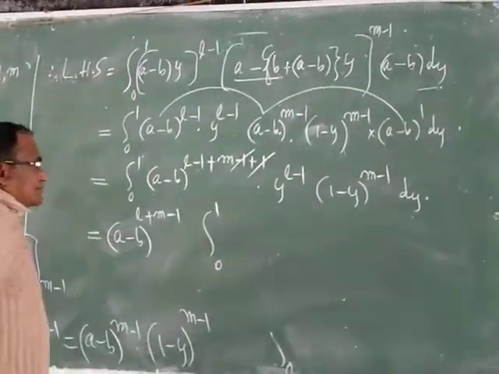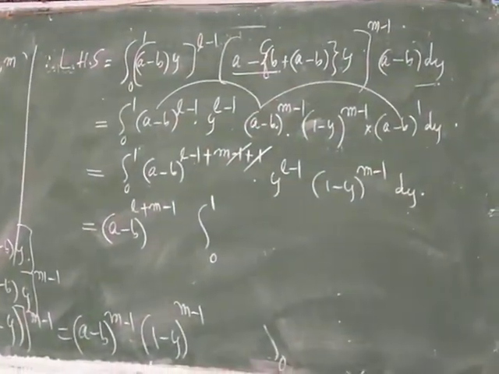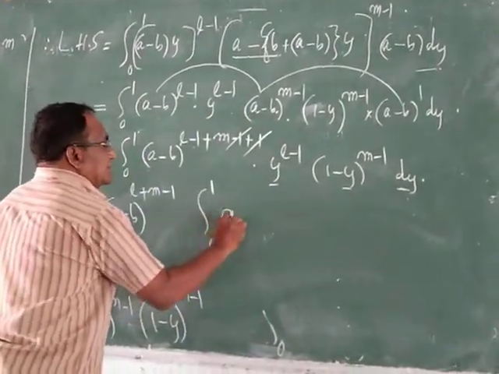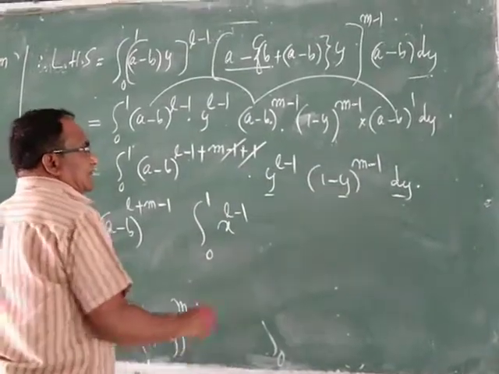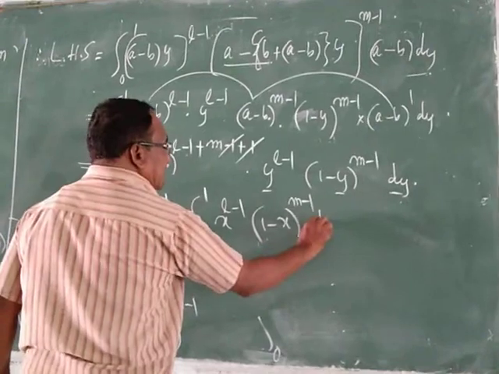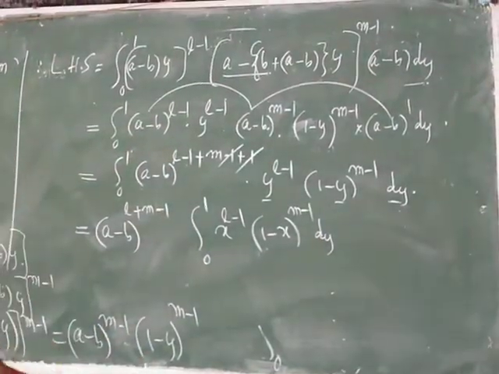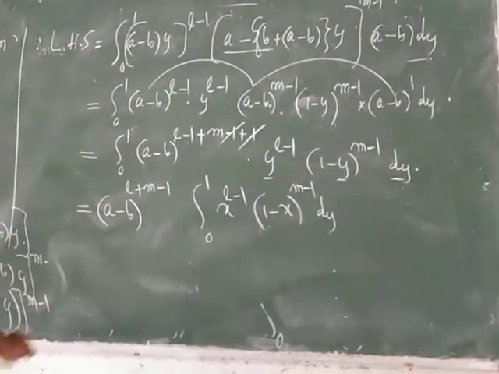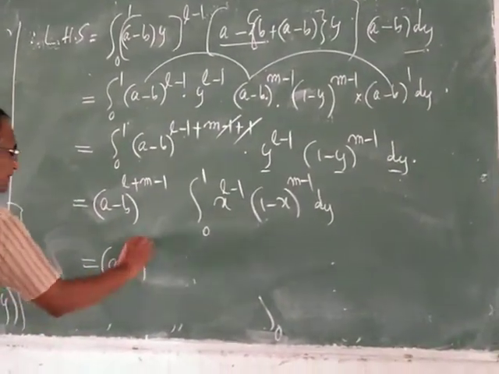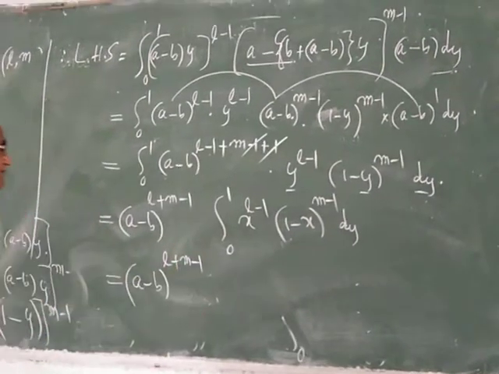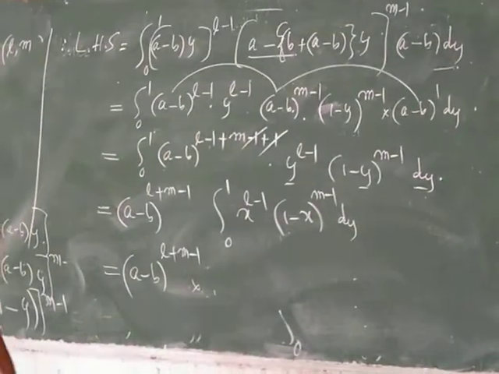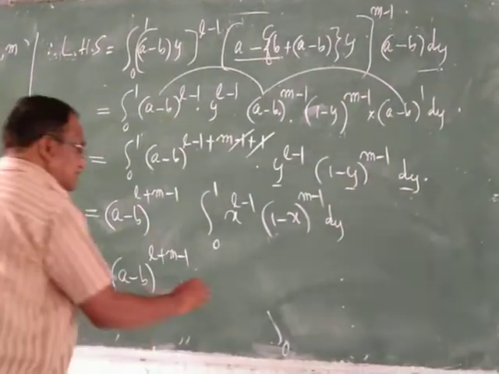It can be written outside the integration sign. And here let us change the variable y to x. It is x to the power l minus 1 into 1 minus x whole to the power m minus 1 into dy. This is equal to a minus b whole to the power l plus m minus 1 into, by the definition of beta function, this is equal to what?